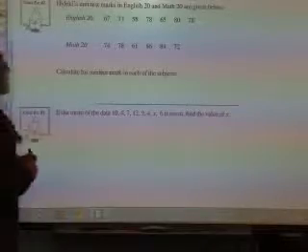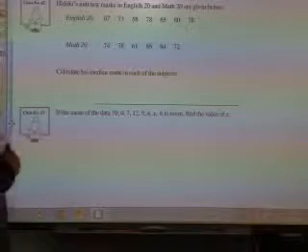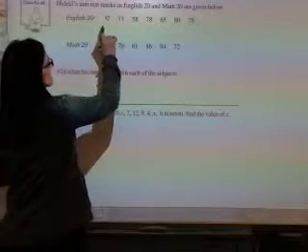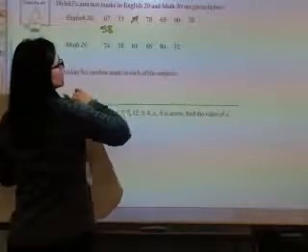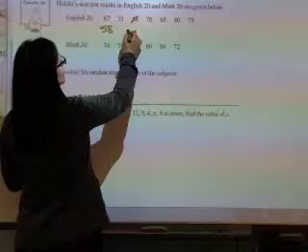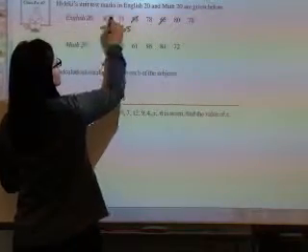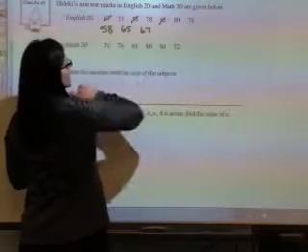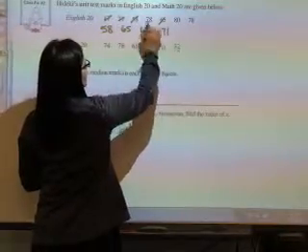So in order to calculate the median, I have to take the English scores and put them in numerical order. So what's the smallest number in this set? Followed by? What's the next one? 65. Then? After 67? After 71?